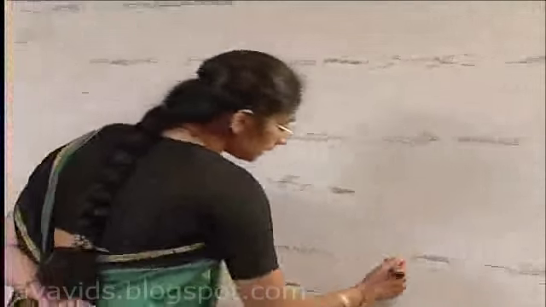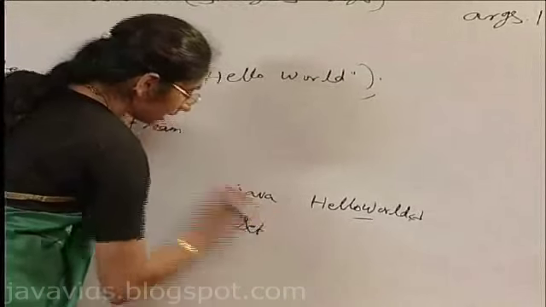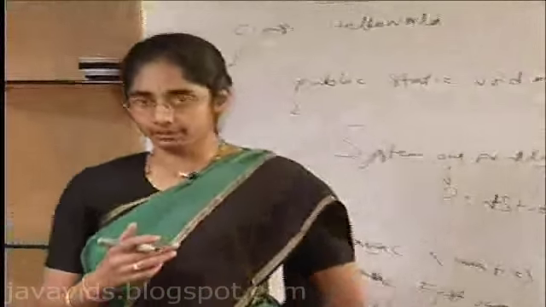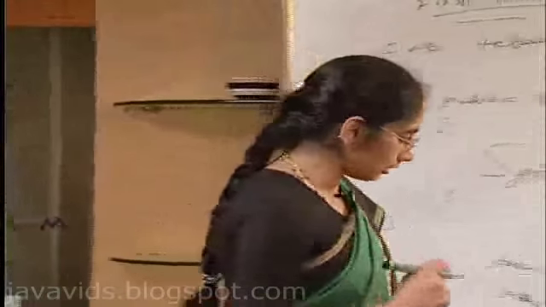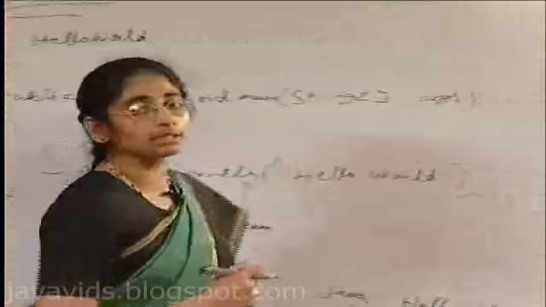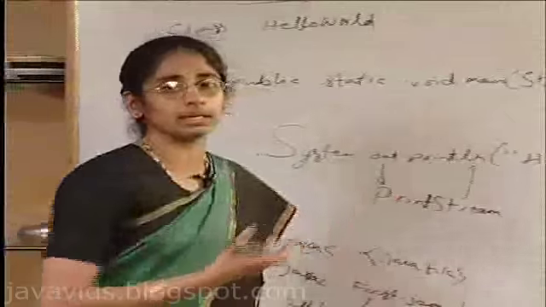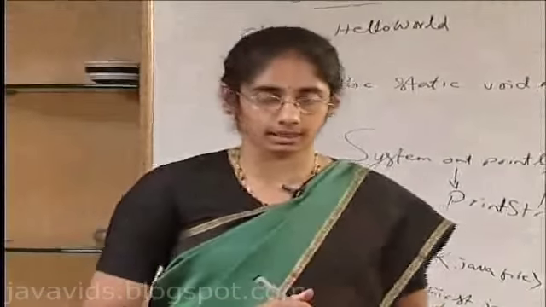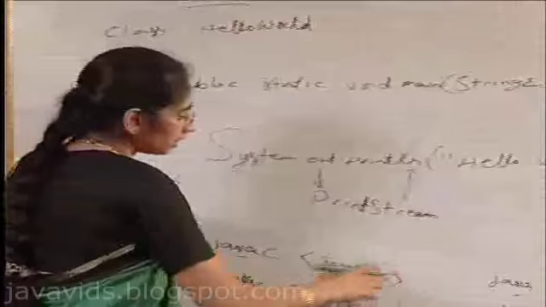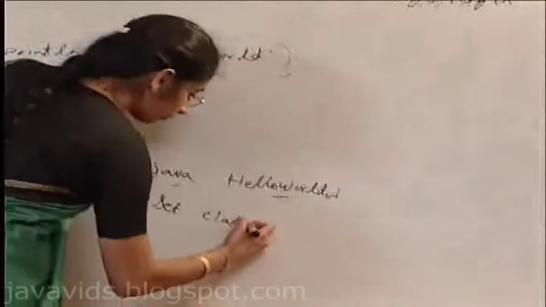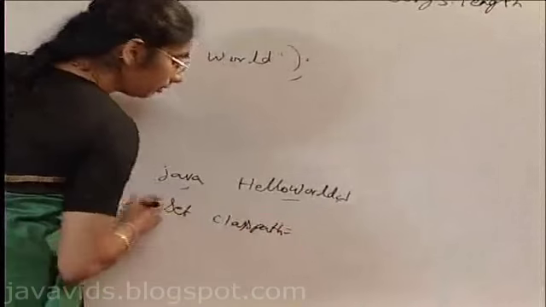So if the classpath is not already set, you need to set it at your command prompt, or go to your environment variables in My Computer Properties, Advanced option, create classpath as a variable name, and specify the directory where your class file is residing. If you're going to set it at your command prompt, you say set classpath equal to wherever your file is available.